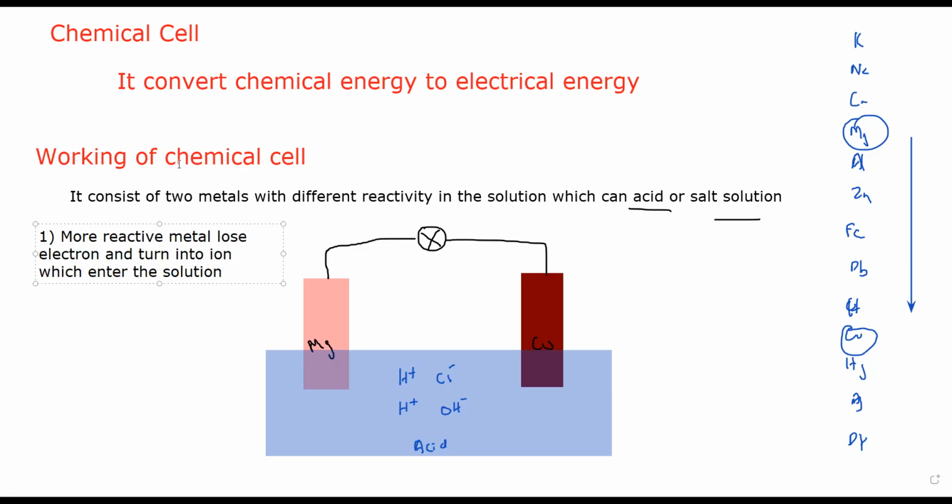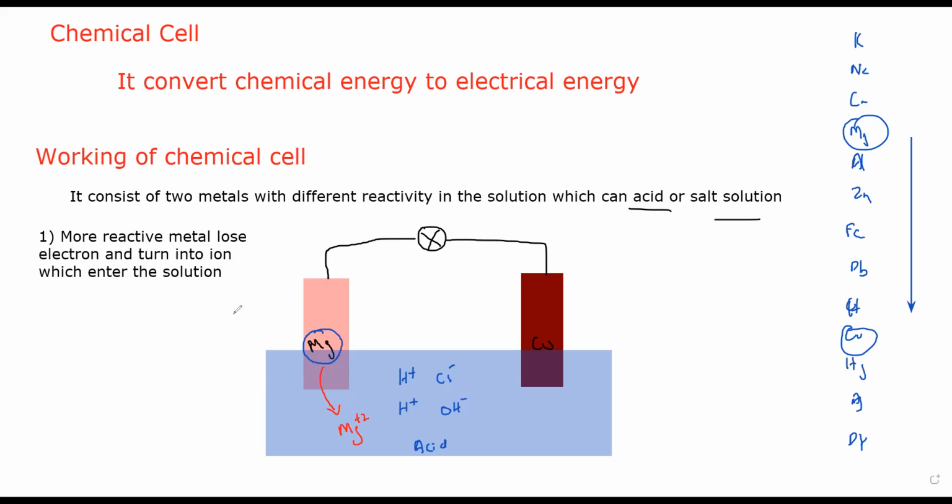So this is what happened. The more reactive metal will lose electrons and turn into ions. Magnesium is the more reactive metal here. So this magnesium will lose electrons. Magnesium belongs to group 2, so it will lose 2 electrons.